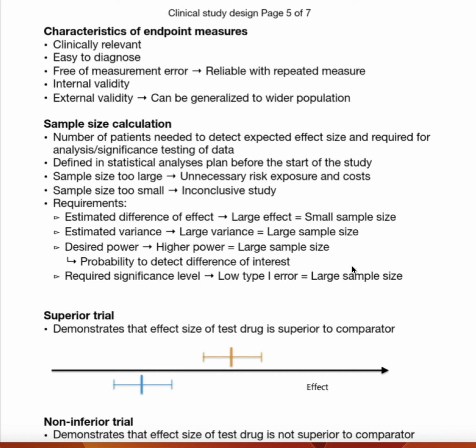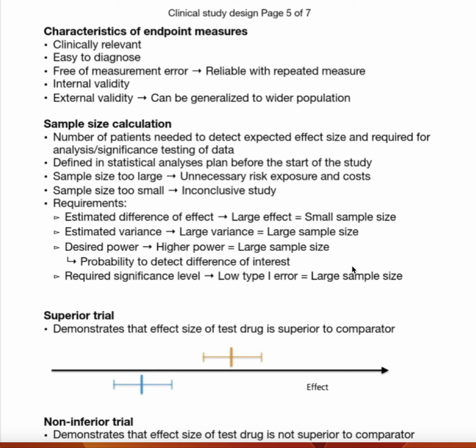For example, I know that 14 patients will give me the exact effect that I want, and they are required for significance analysis testing of the data. Also defined in the statistical analysis plan before the start of the study.